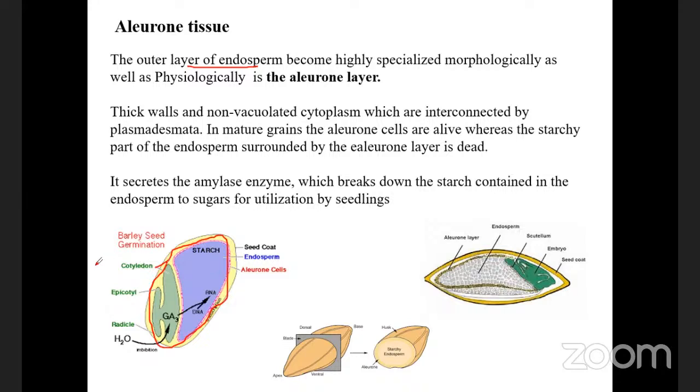This amylase enzyme activates, what does it do? Amylase enzyme breaks the starch and separates it into CO2 and H2O. Whenever that water molecule is absorbed, then the gibberellic acid, which is there in the embryo, will be activated.